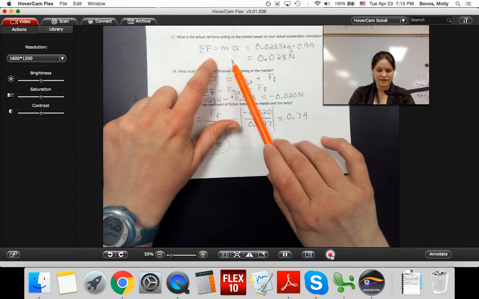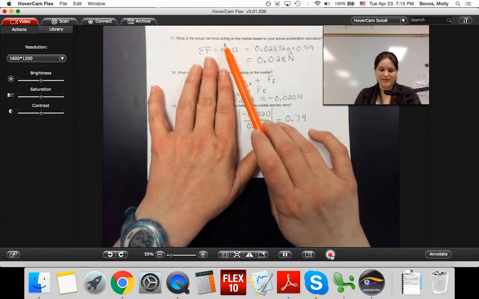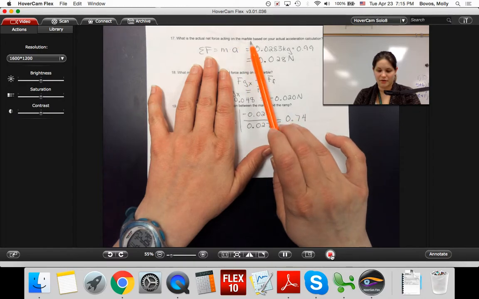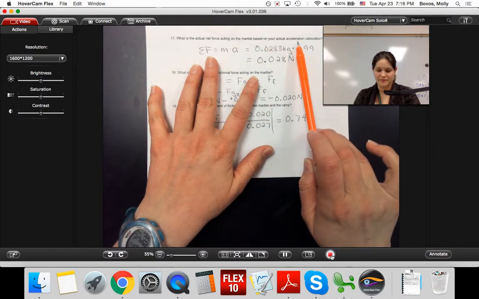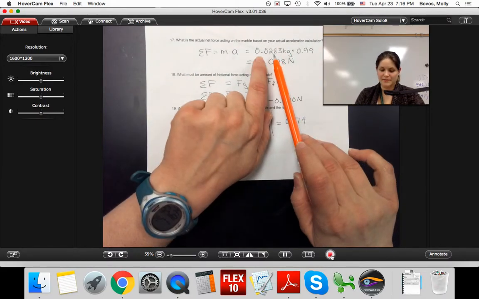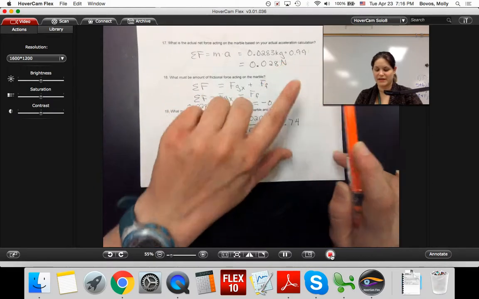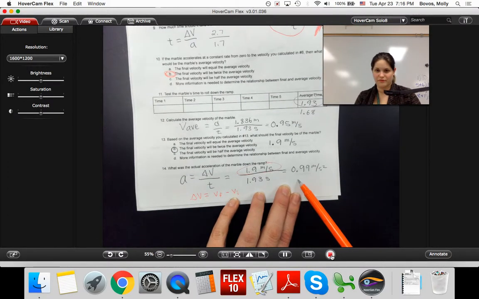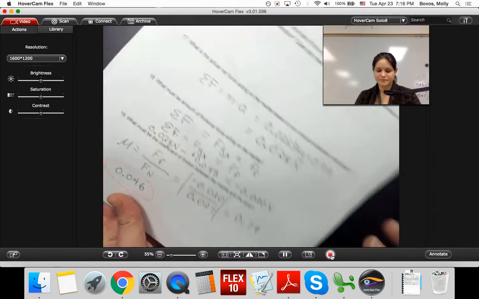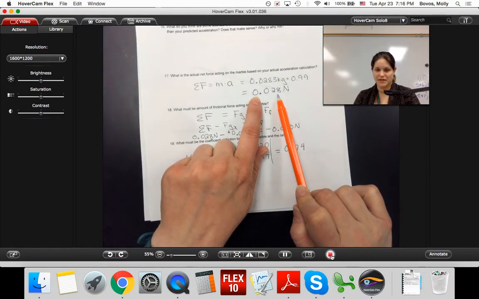What we're dealing with in number 17 then, what is the actual net force on your marble based on your actual acceleration calculation? Well, then we would say mass times the actual acceleration, which was the 0.99 that we got in part 14. And so then that is what the net force would be.